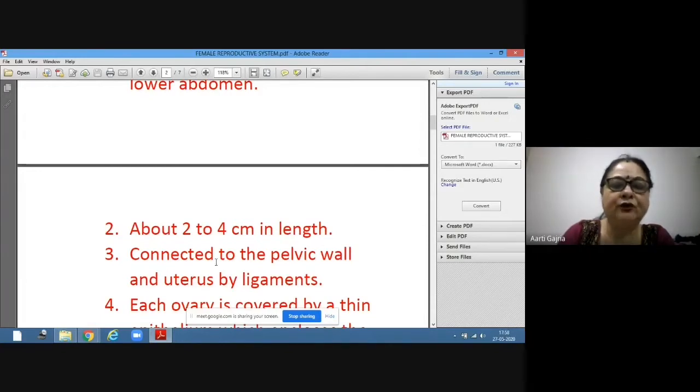Now, each ovary is connected to the pelvic wall and uterus by ligaments.